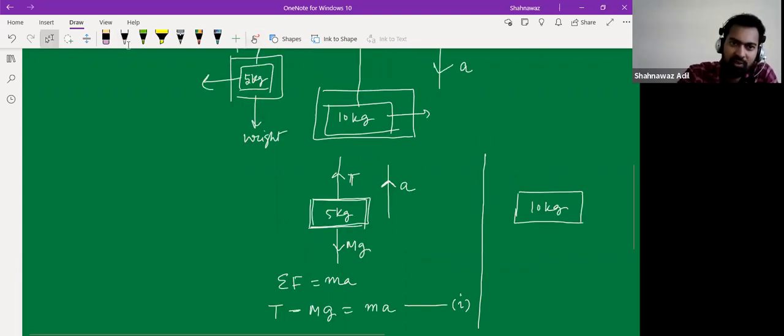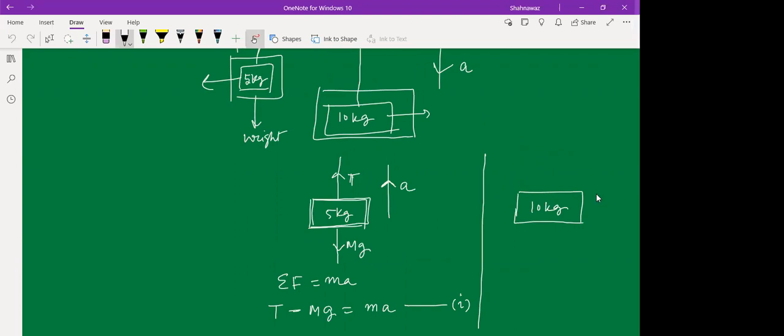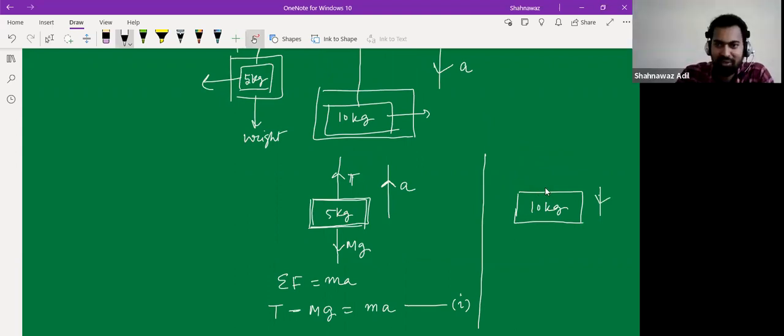So what is the direction of the acceleration here? What is the direction of the acceleration, guys? Downwards. Yes, downward. Right. So be interactive, guys. Otherwise, this will be boring. Okay.